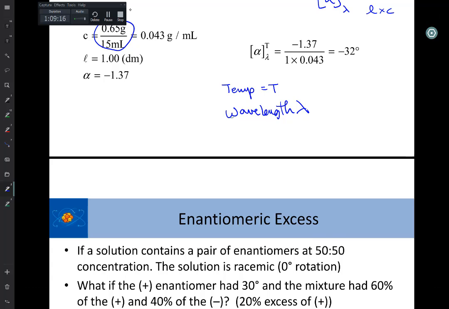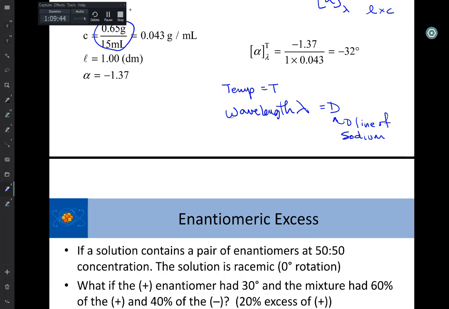They've sort of standardized to 25 degrees Celsius, and a wavelength, I don't even know the number, it's like 253 or so, but they'll put a letter D. This is what is known as the D line of sodium. If you do a line spectrum for sodium, it's been labeled the D line of sodium. So it's a constant wavelength.